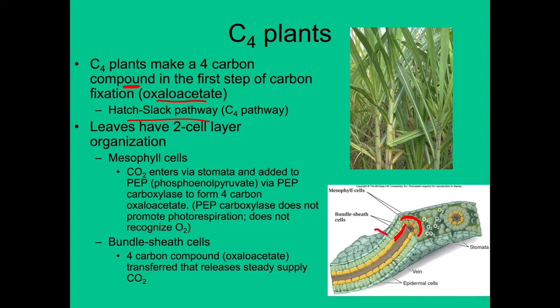So the CO2 comes in and it's going to run into mesophyll tissue first. Once it enters in the stomata, it'll get added to a molecule called PEP, phosphoenolpyruvate. And with PEP, which is a carboxylase, we get the formation of a 4-carbon oxaloacetate. So PEP does not promote photorespiration because it doesn't recognize O2. It only recognizes CO2.